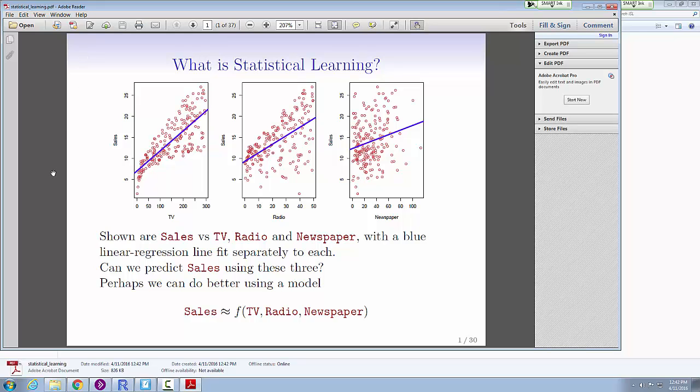So remember that the statistical learning idea is mostly to do with predictive modeling. So trying to make a prediction for a numerical variable on the basis of input variables, or for a categorical variable. The authors of this book call the former case, where you have a numerical variable that you're trying to predict, regression.